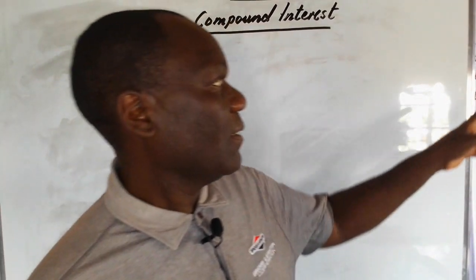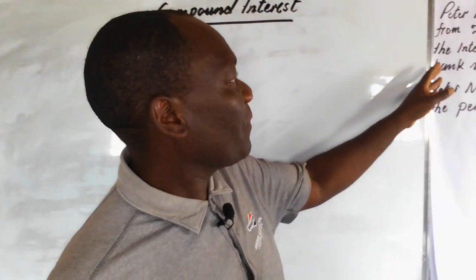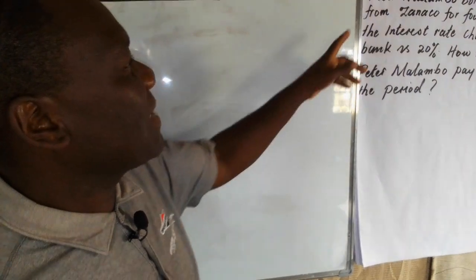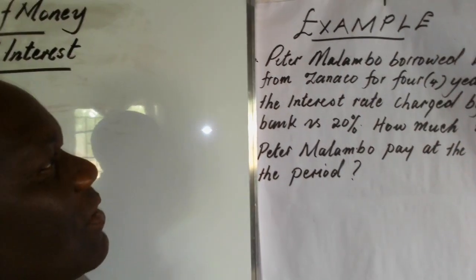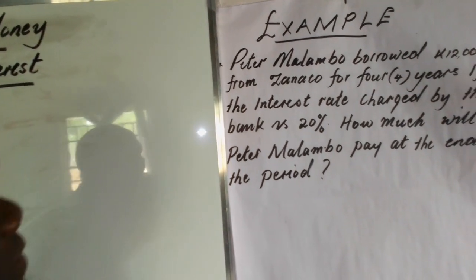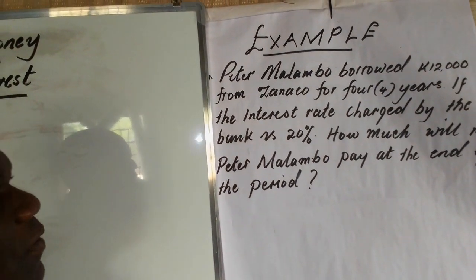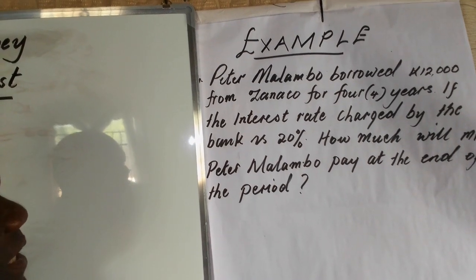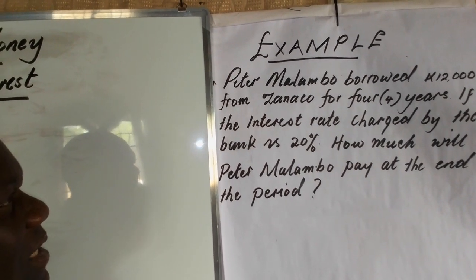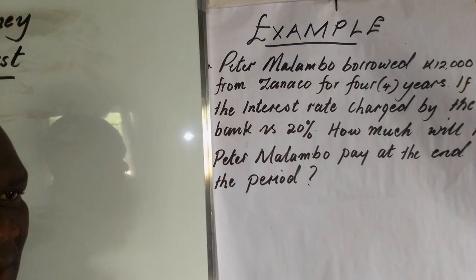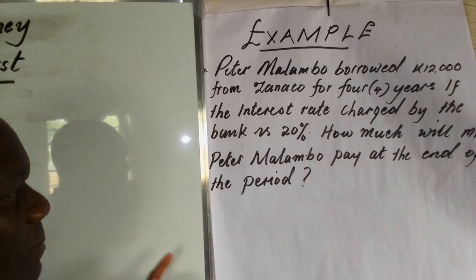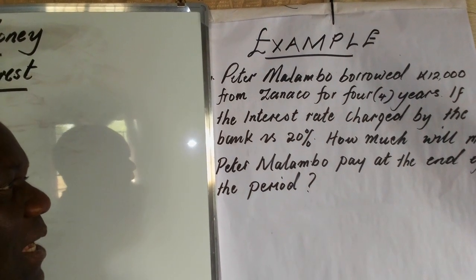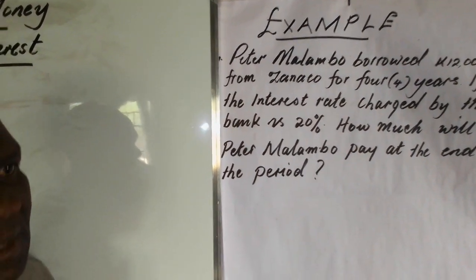Okay, so we have our example here. Peter Malambo borrowed 12,000 kwacha from Zanaco for 4 years. If the interest rate charged by the bank is 20%, how much will Mr. Peter Malambo pay at the end of the period?